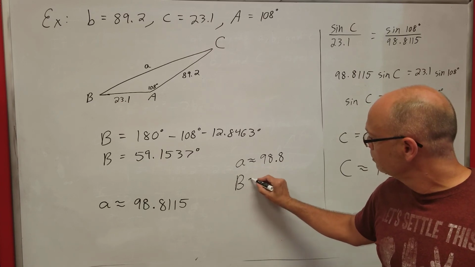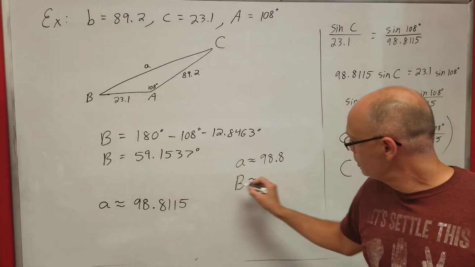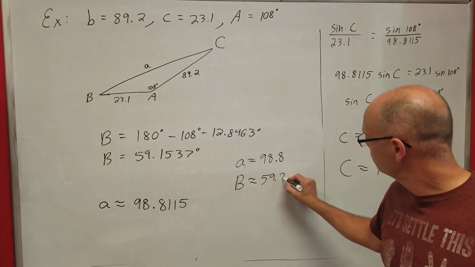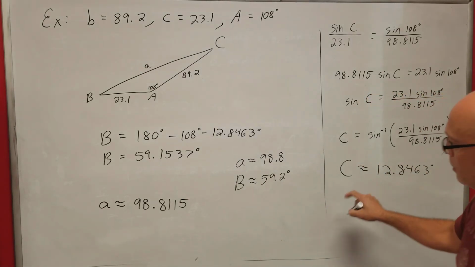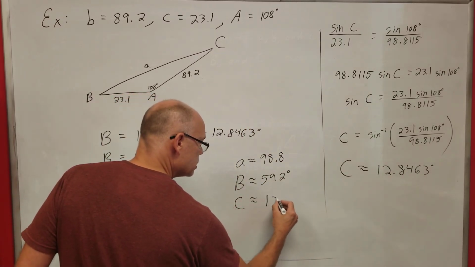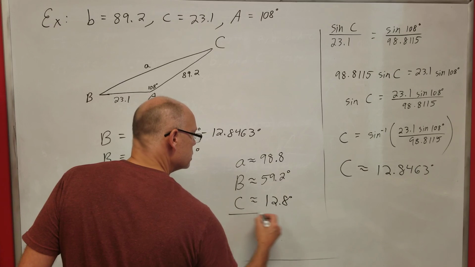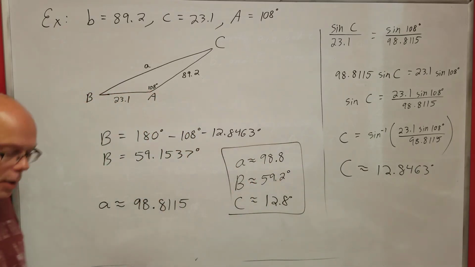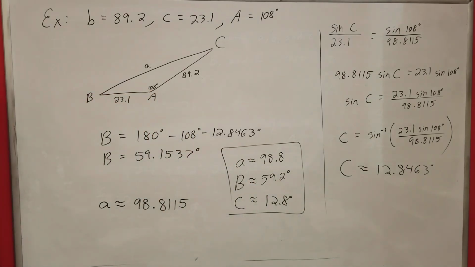Angle B was about 59.2 degrees. And angle C was about 12.8 degrees. There we go. Using the law of cosines.